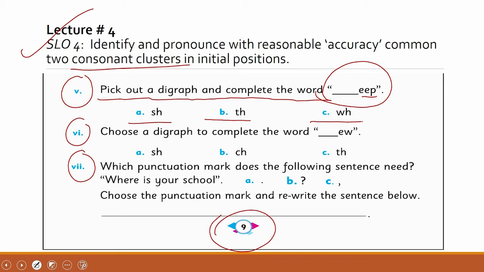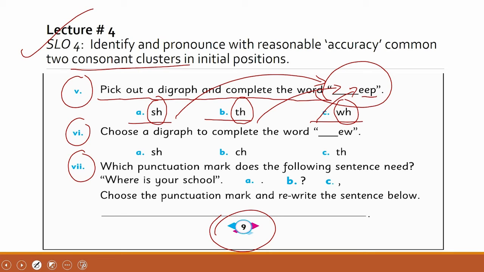Let's see which one fits here. This is a combined sound of sh, th, w. What do you think will fit here? Sh, eep, sheep. Th, eep, theep. W, eep, weep.